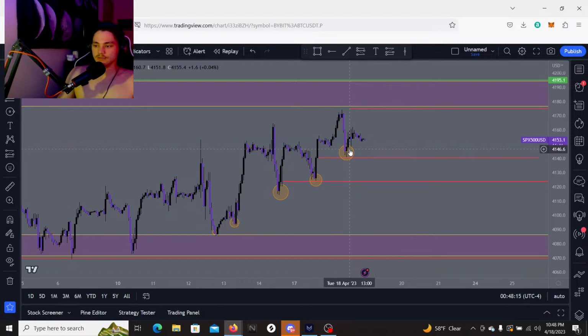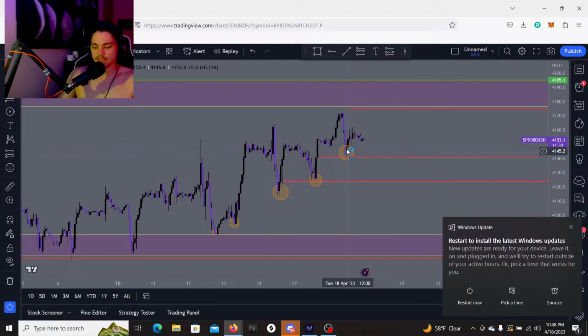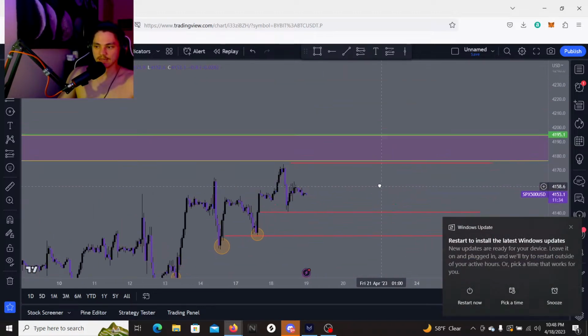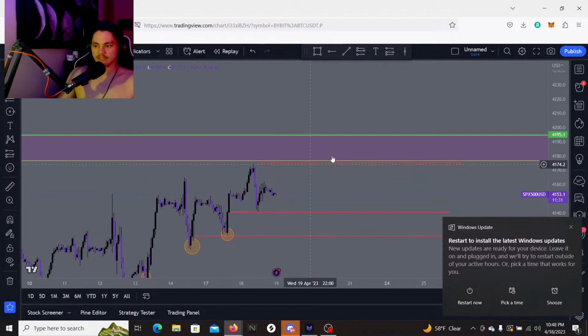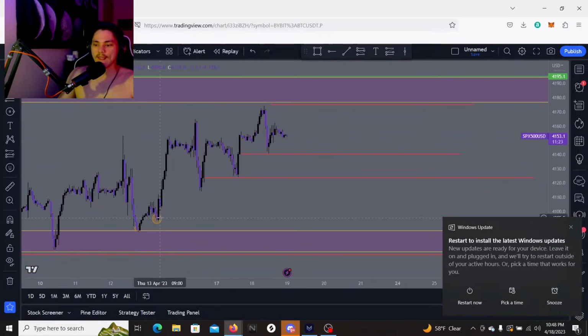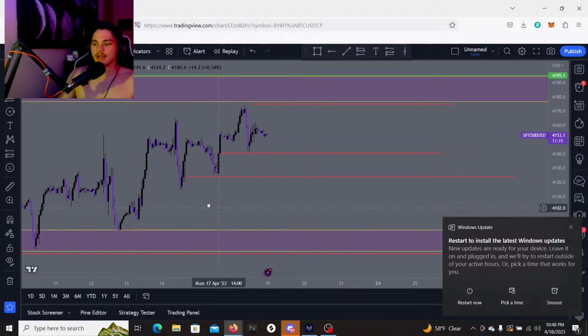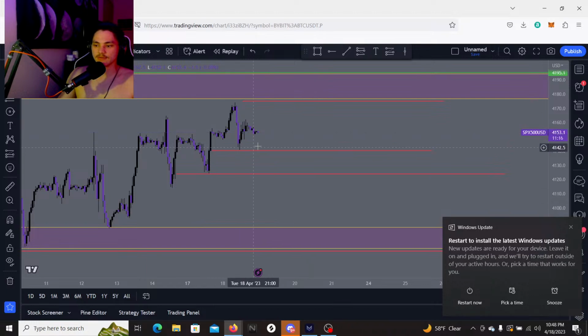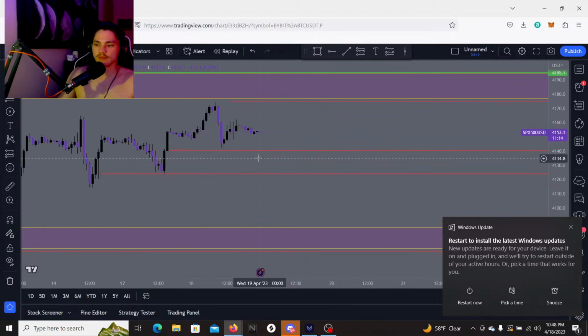Ideally, what do we want to see? Another higher high. And where does the higher high actually coincide with? This whole area of liquidity. It's lining up pretty good that we're going to go sweep that buy side liquidity tomorrow. But before it does that, I actually do think it's going to sweep some sort of liquidity in this area.